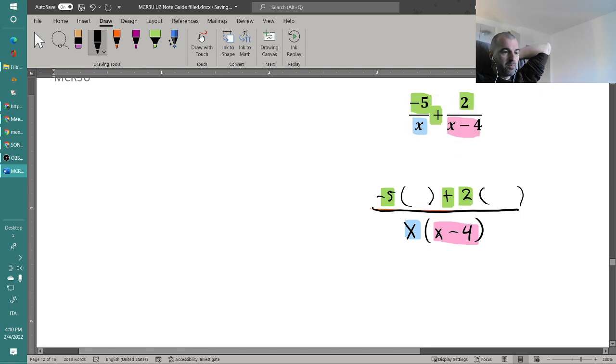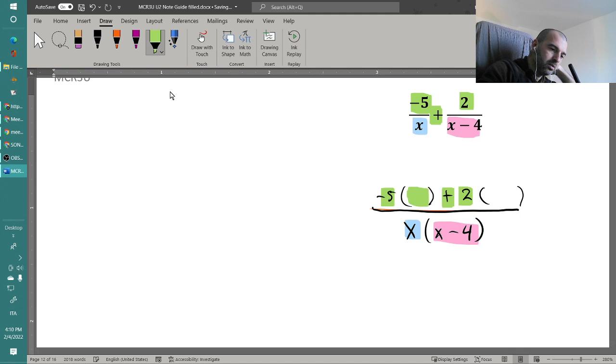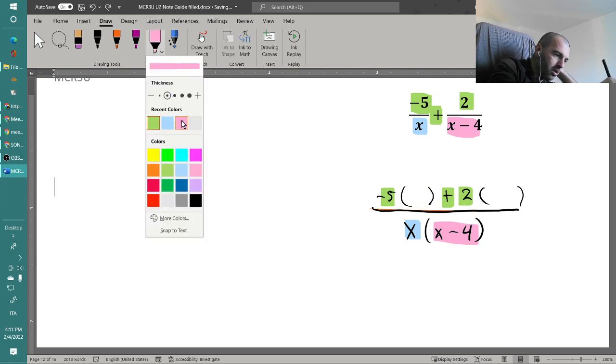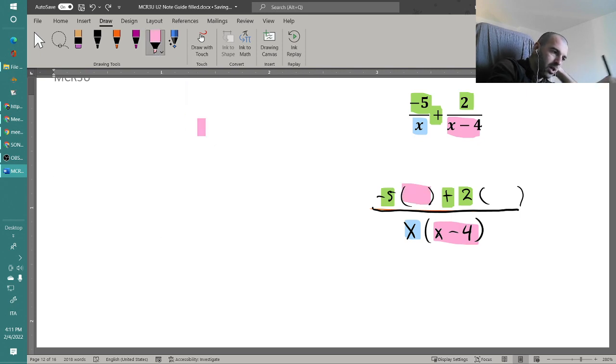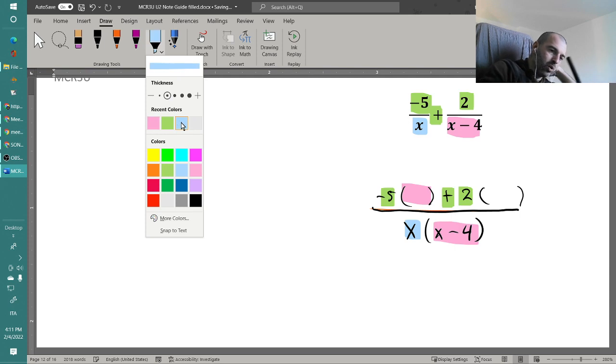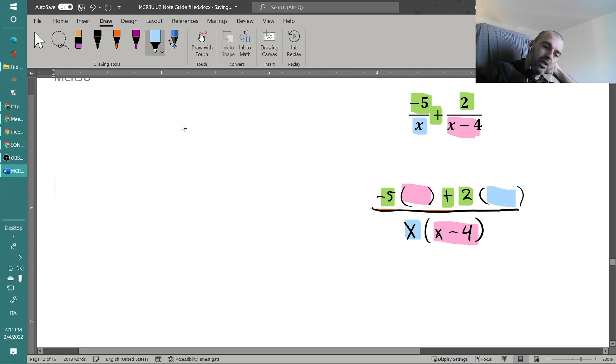So I've got my x minus 4 gets multiplied into here, because it's the pink one. And then my blue one gets multiplied into here. Okay? So there it is. We're effectively done with the addition subtraction portion of this question.